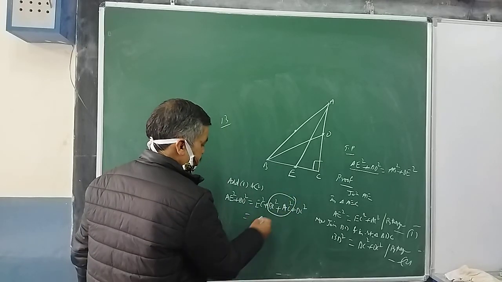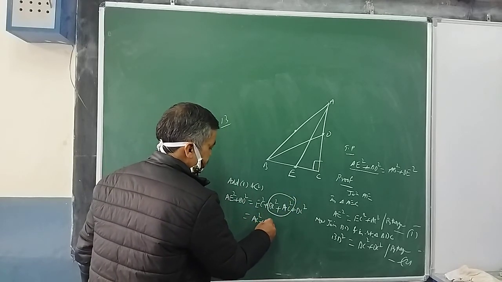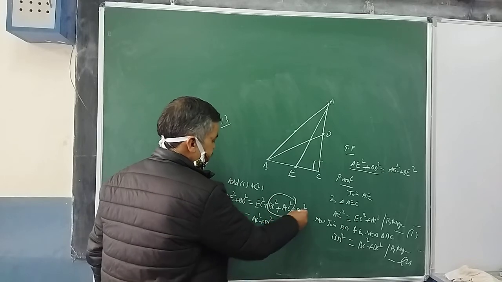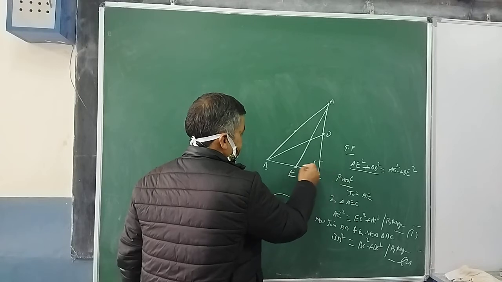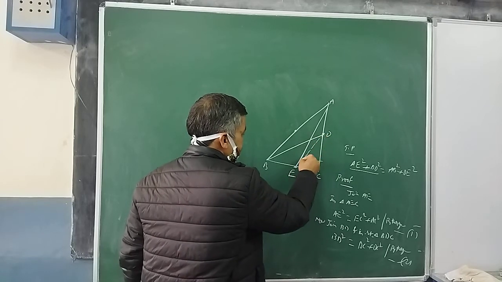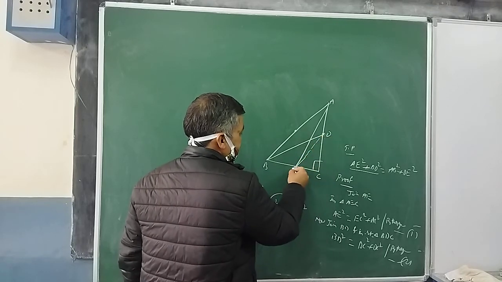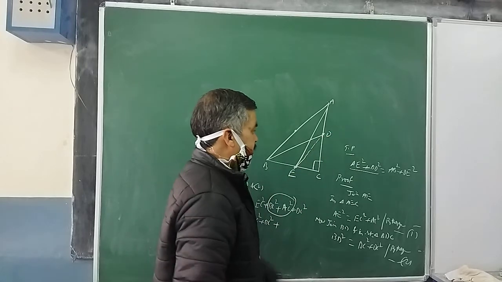So you just add this together, AC square plus BC square, and then DC square plus EC square. This is DC and this is EC. If I join D with E, I will get DC square plus EC square equal to DE square, which you need.